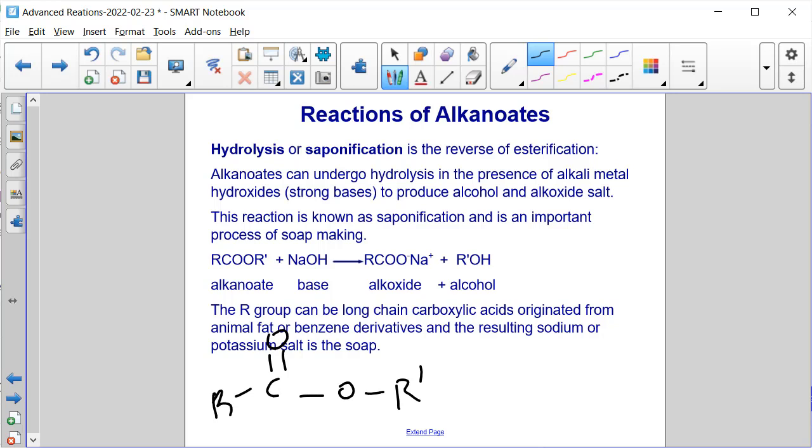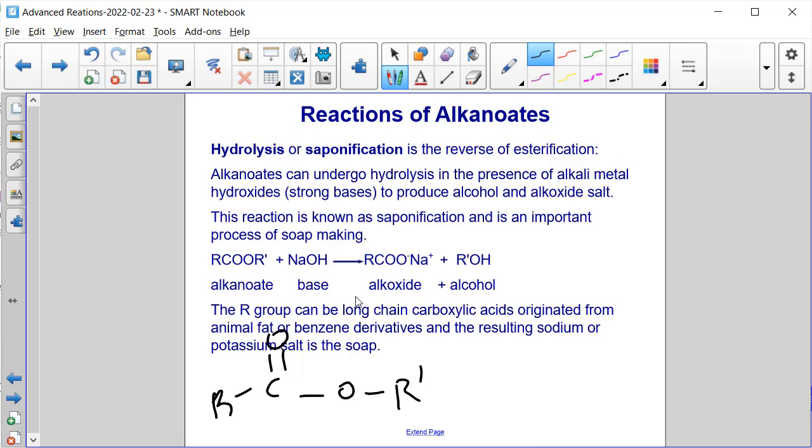Okay, so this R group can be a long chain carboxylic acid originated from animal fat or benzene derivatives, and the resulting sodium or potassium salt is the soap. So look at what we end up with as our products.